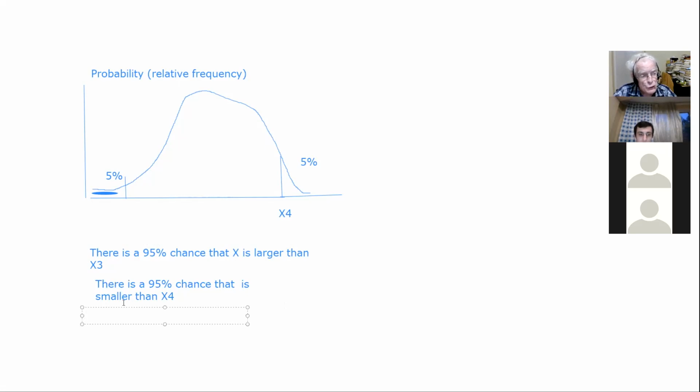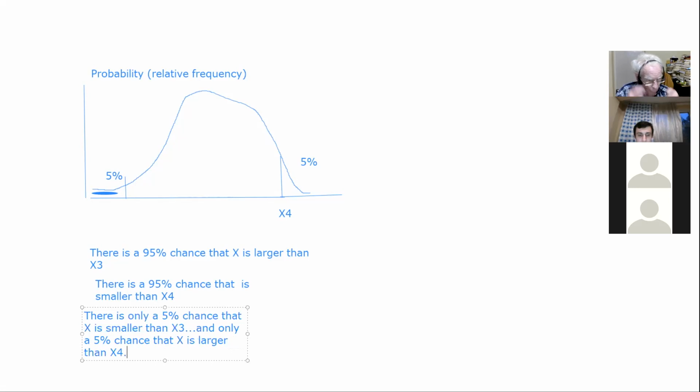To put it another way, there is only a 5% chance that x is smaller than x3 and only a 5% chance that x is larger than x4.